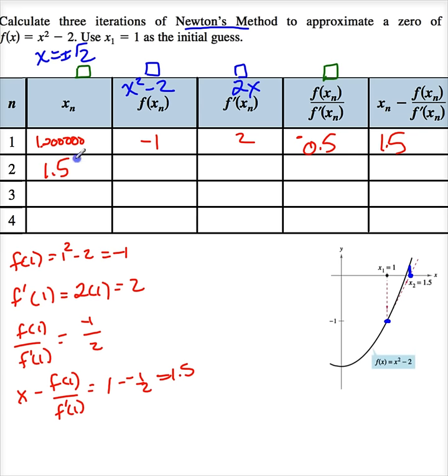Now I'm just going to change colors. Those are the same numbers. You don't have to do this. Now let me find f of 1.5, and that's 1.5 squared minus 2, or 0.25. I'm going to do a couple things to save some space.